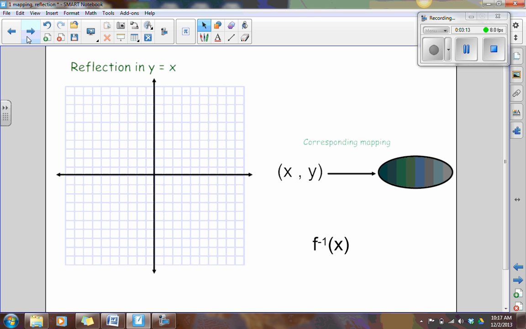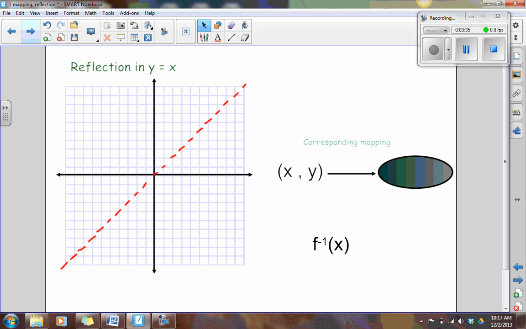Reflection in y equals x. So y equals x is a line that goes through the y-intercept of 0 and has a slope of 1. Okay, so that's y equals x. We're going to reflect our points across that line.